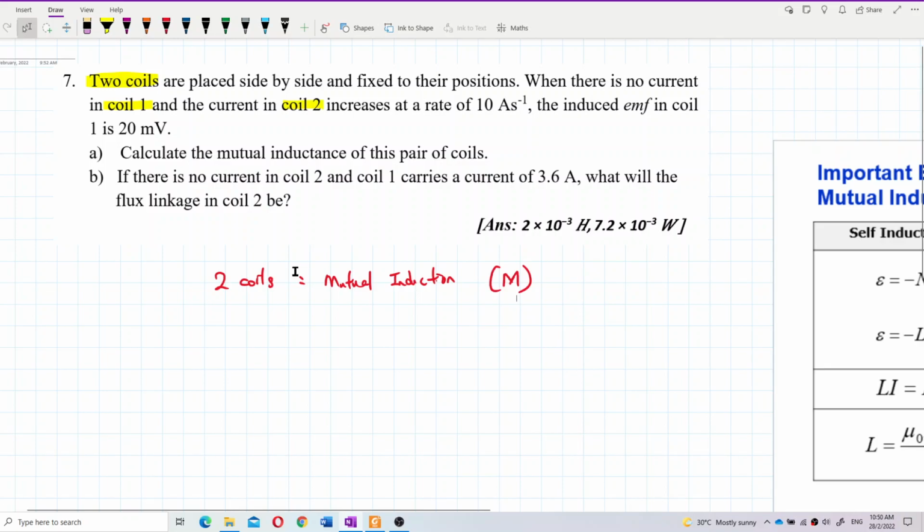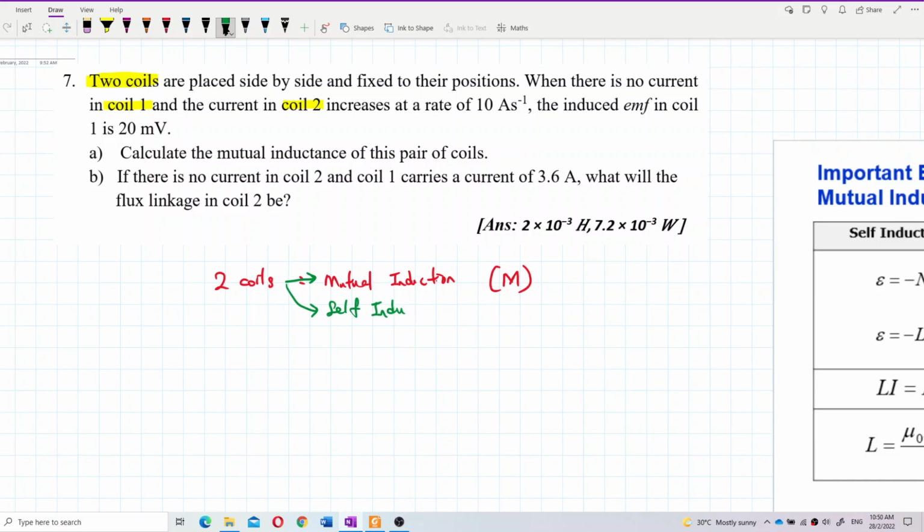Understand? But sometimes if you have two coils, the question will also ask about self-induction, because with two coils, two things can happen. Mutual induction can happen for the neighboring coil, and self-induction can also happen for its own coil.